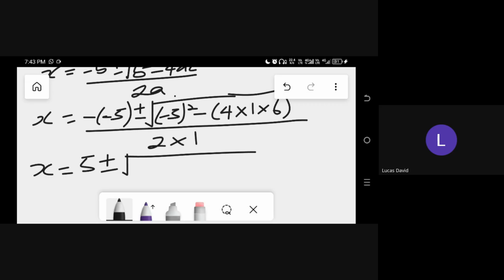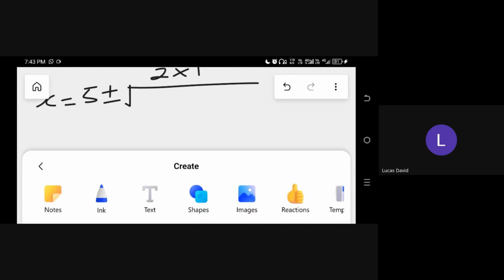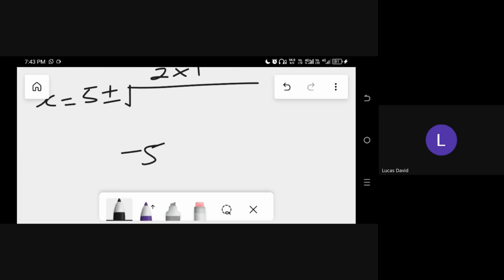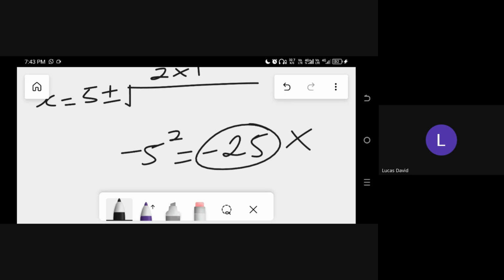On your calculator, you punch minus 5 to the power of 2, and your calculator obviously will give you minus 25 as the answer, but this minus 25 is wrong.